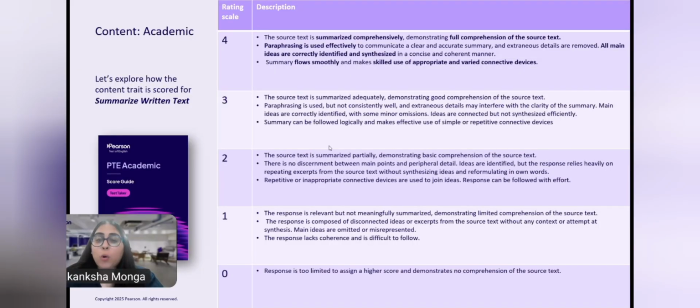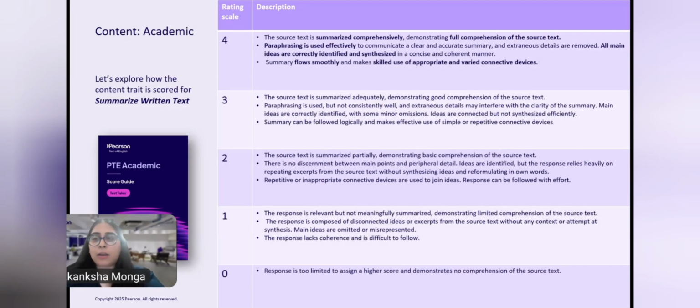And repetitive or inappropriate connective devices are used, which means that the connective devices are quite repetitive, which shows limited range of linking words, and the connective devices are incorrect in some places. So this means that the response can be followed, but with effort, which means that for someone who is reading this, it will take a little bit of effort to understand what this means.